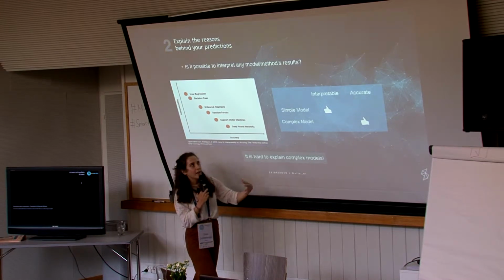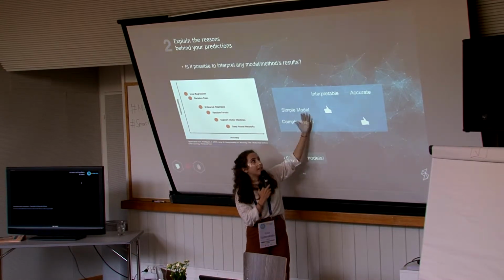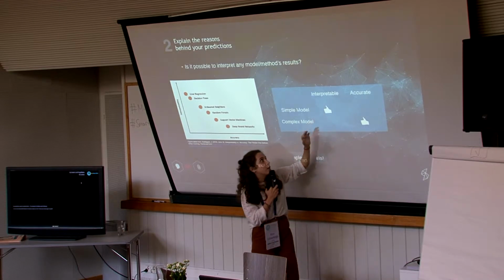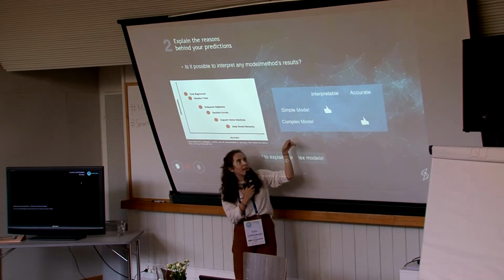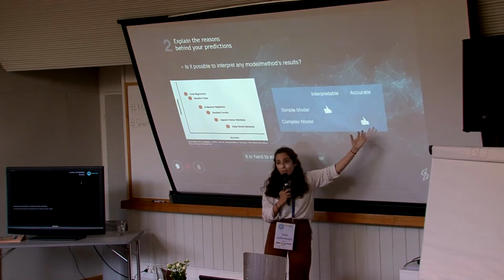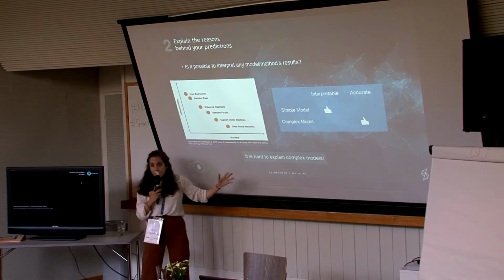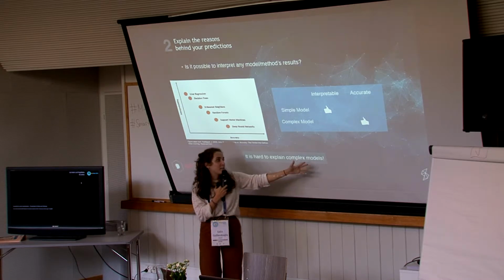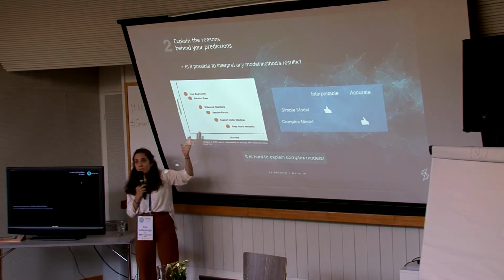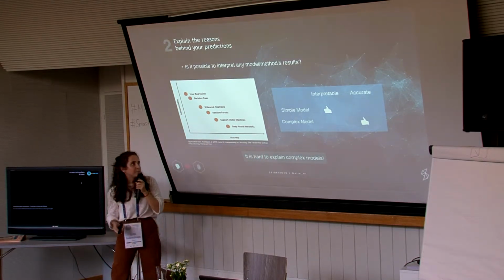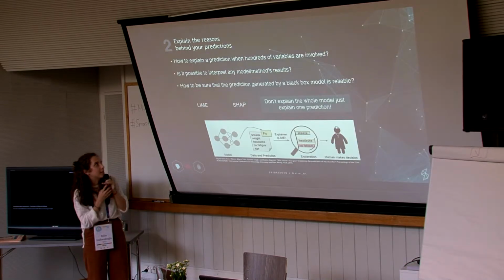When I have simple models, they are more interpretable, but when my models get more complex, they get more accurate but less interpretable. So it's hard to explain complex models like the one I showed you, even a very simple neural network.